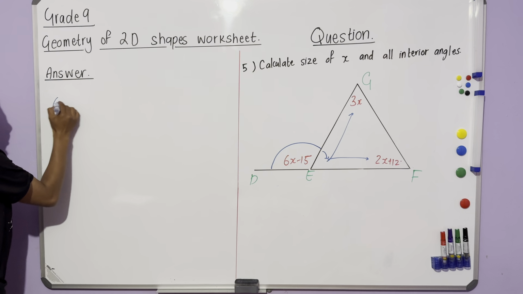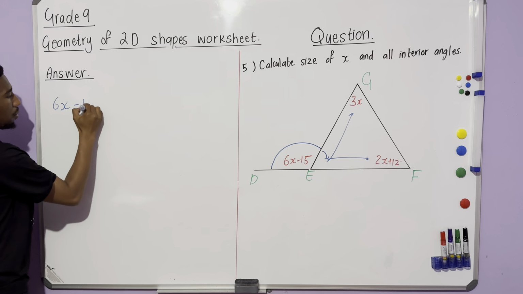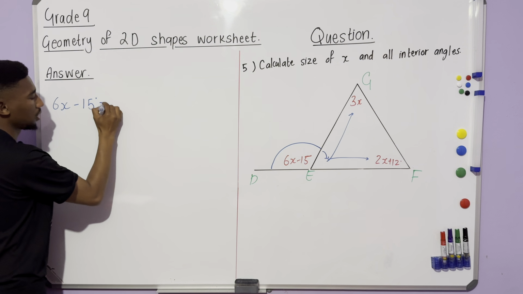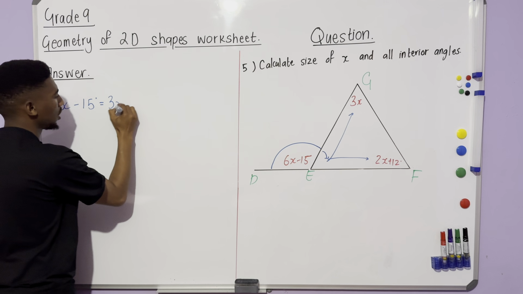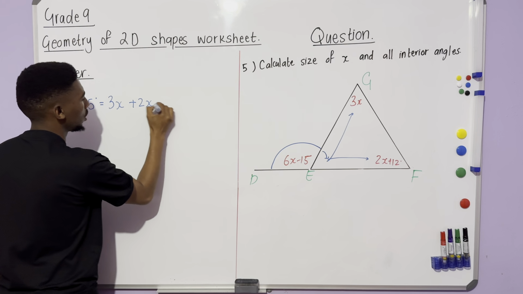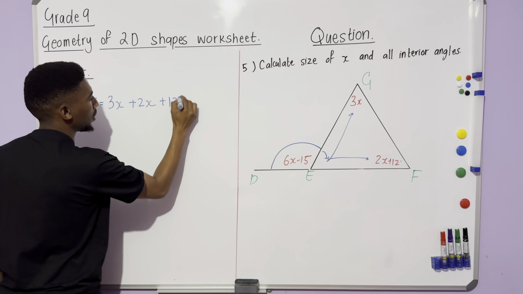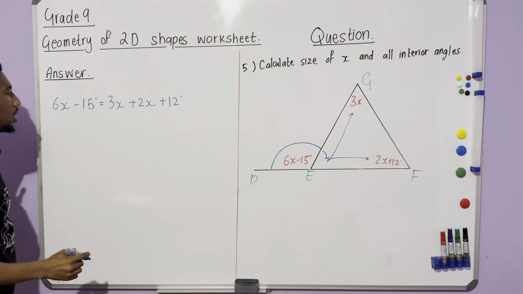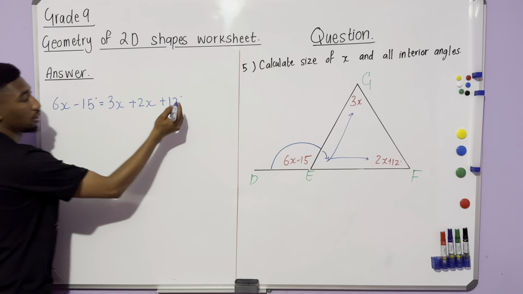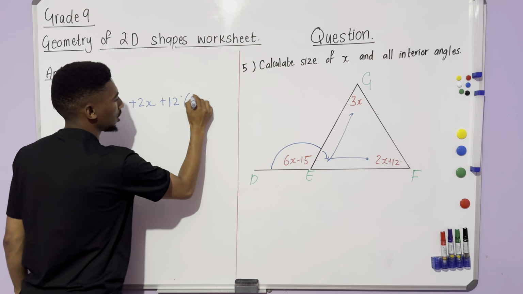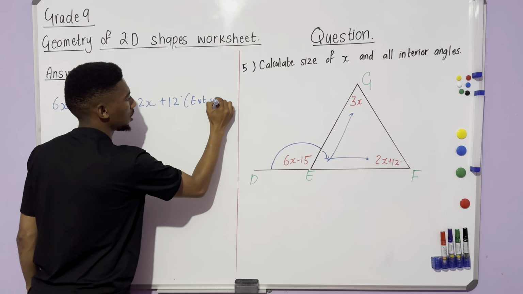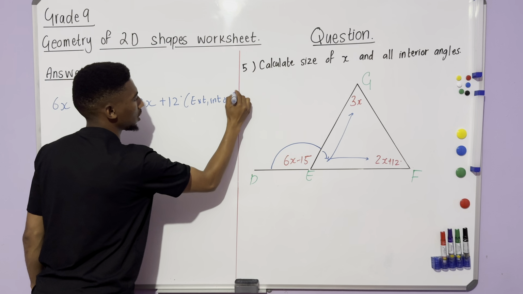So we can say 6x minus 15 degrees is equal to 3x plus 2x plus 12. Our reason is exterior, interior, opposite.